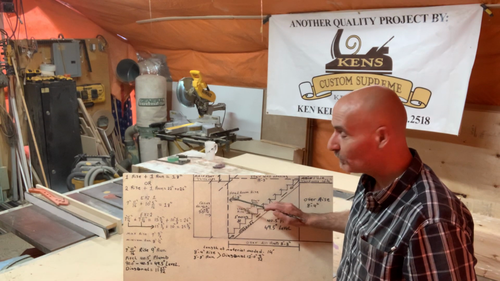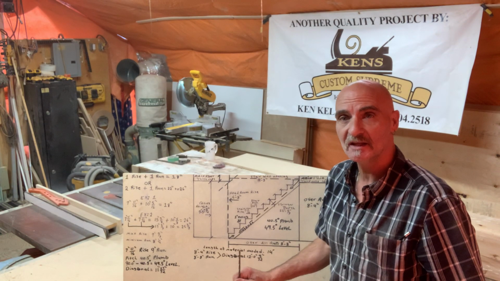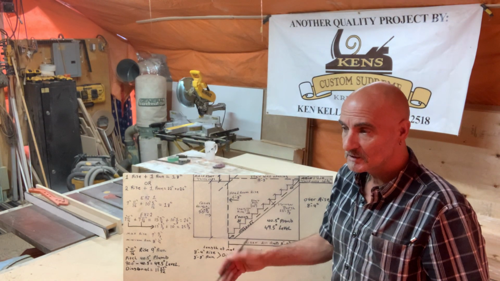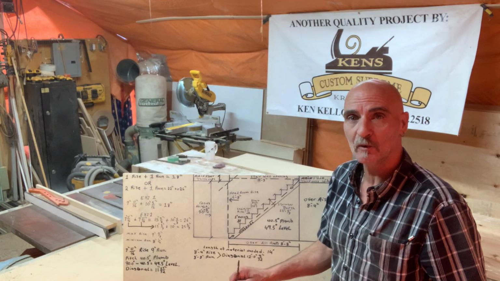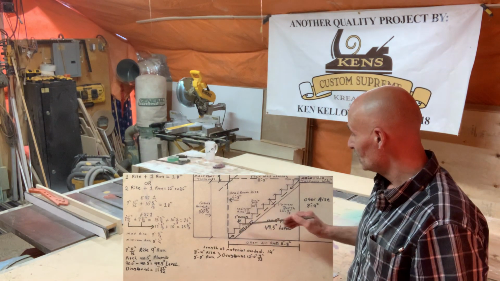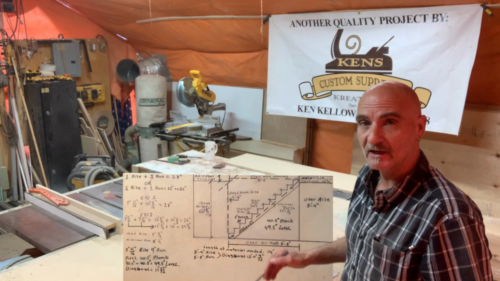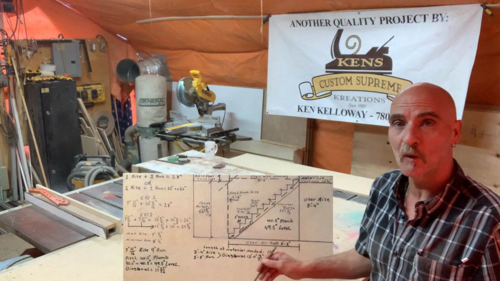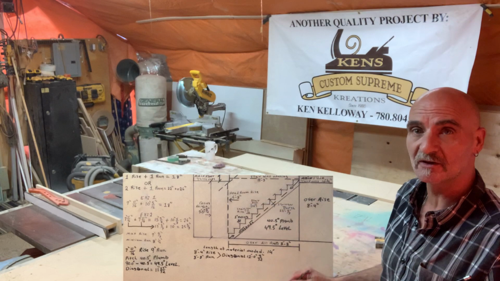You've got to have by code 6 foot 8 inches. Now, some provinces or states, wherever you're located, some of these codes could vary. So you're going to have to know all of that before you even start your calculations.